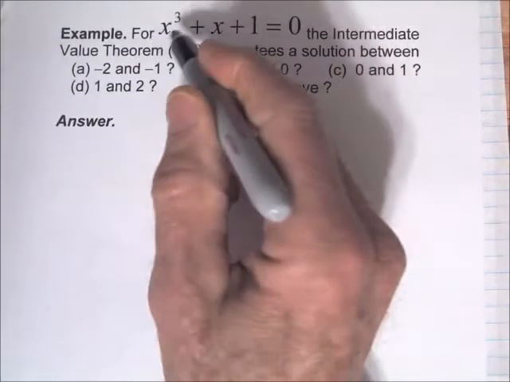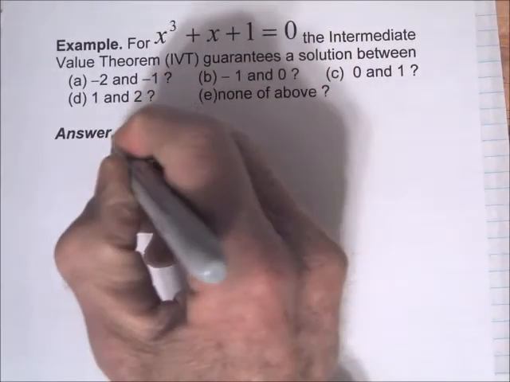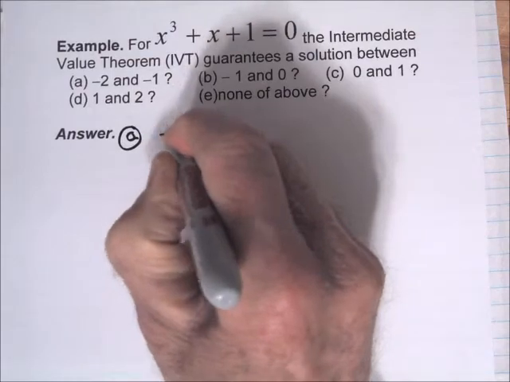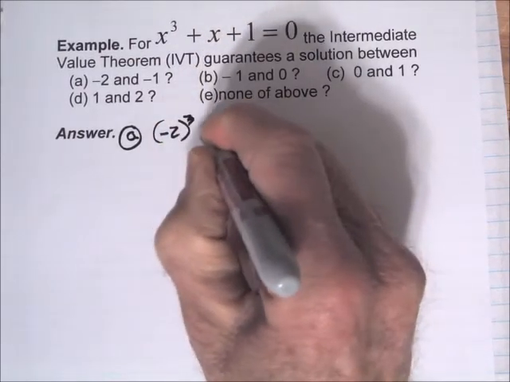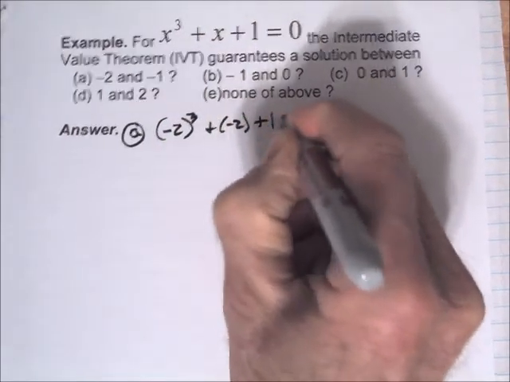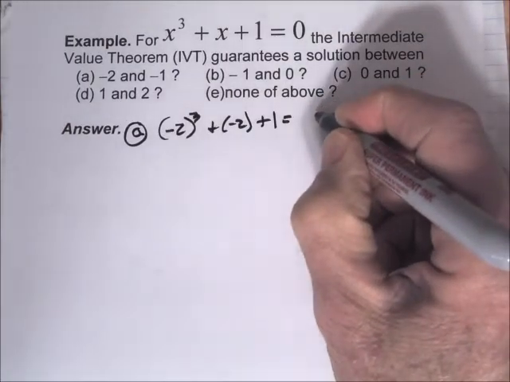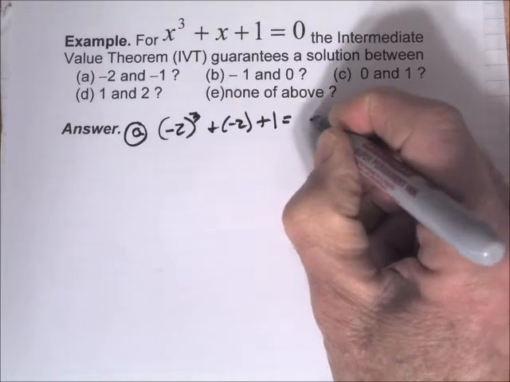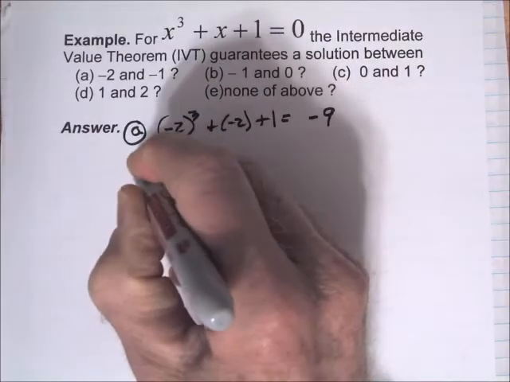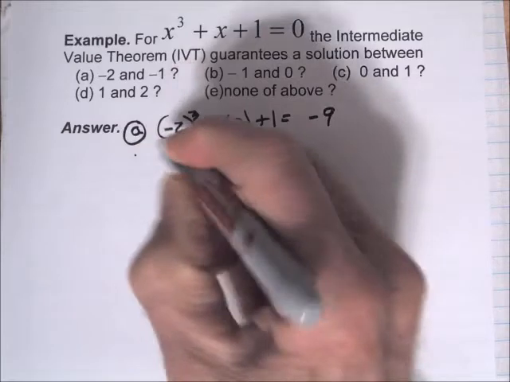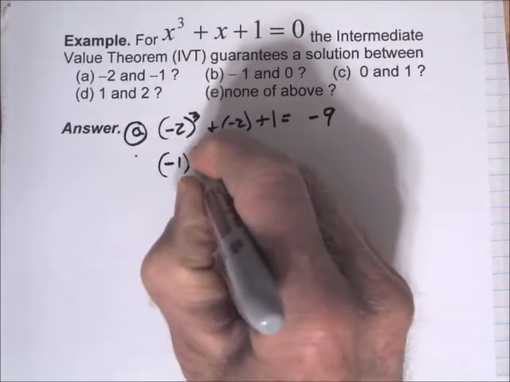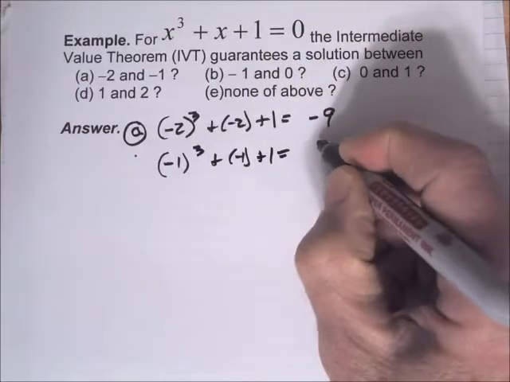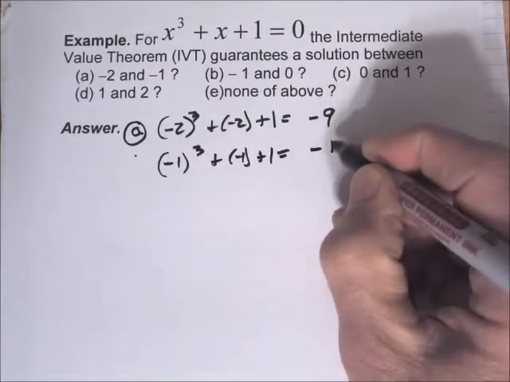So if we plug in -2, A, we have -2 cubed plus -2 plus 1, which is -9. And -1 cubed plus -1 plus 1 is going to be -1.